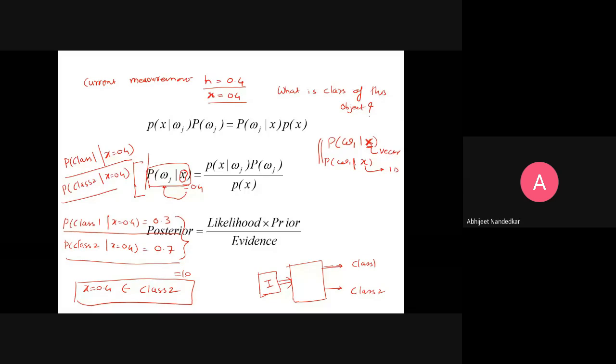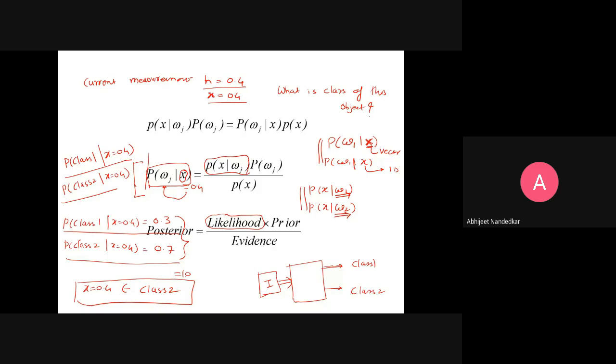Now you will see this term, probability of x given omega 1, and there will be also probability of x given omega 2. Now this term is called the likelihood. If you remember from your probability knowledge, the given condition here is omega 1 and here is omega 2.